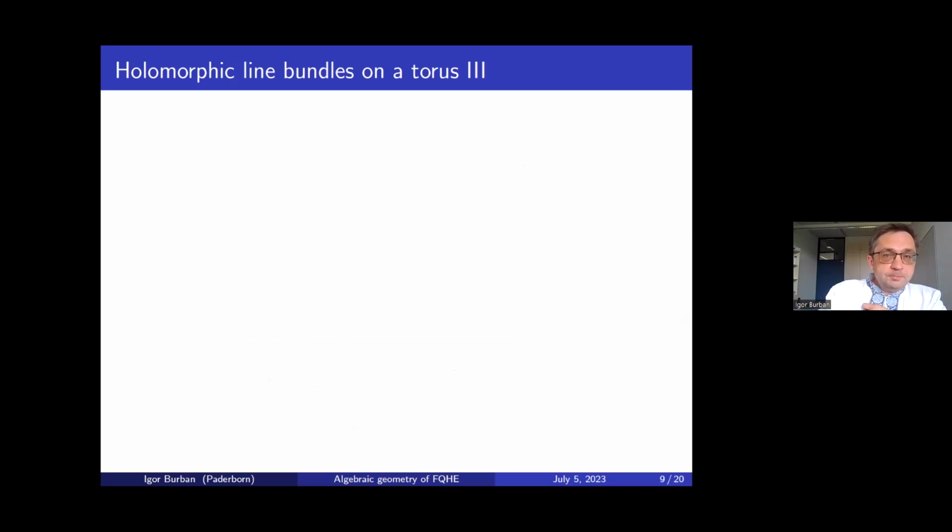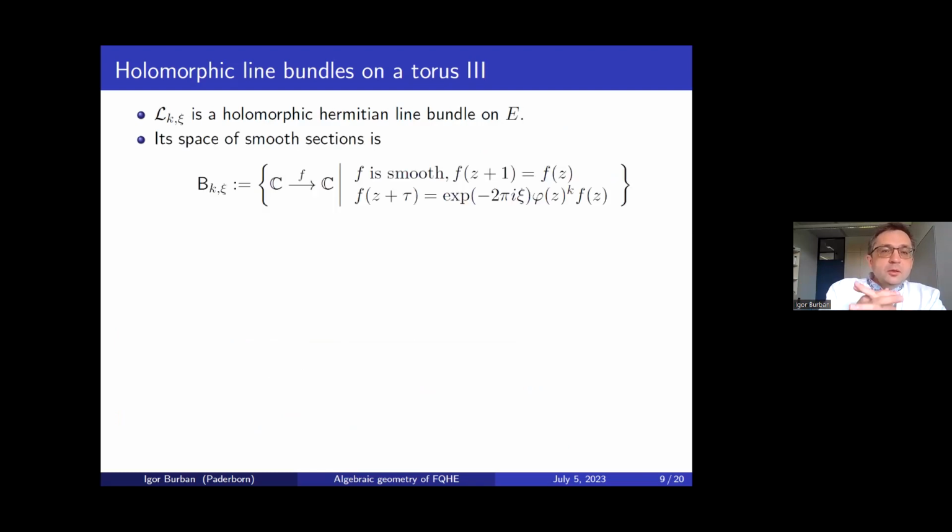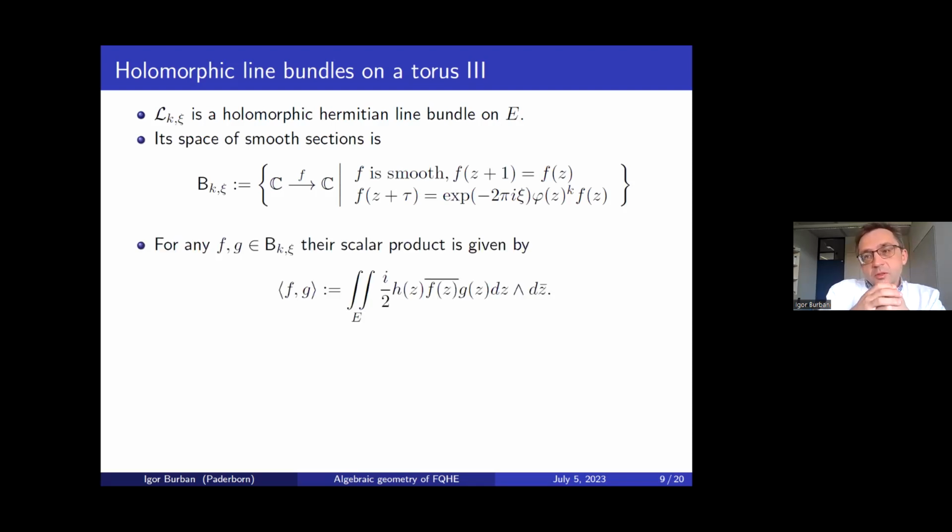Right, to continue, let me sum up. We have a holomorphic Hermitian line bundle on my torus, and we spoke about its smooth sections. Since we have chosen a Hermitian structure on L, we have scalar products in fibers, and having two global smooth sections, we can assign a scalar product to them.